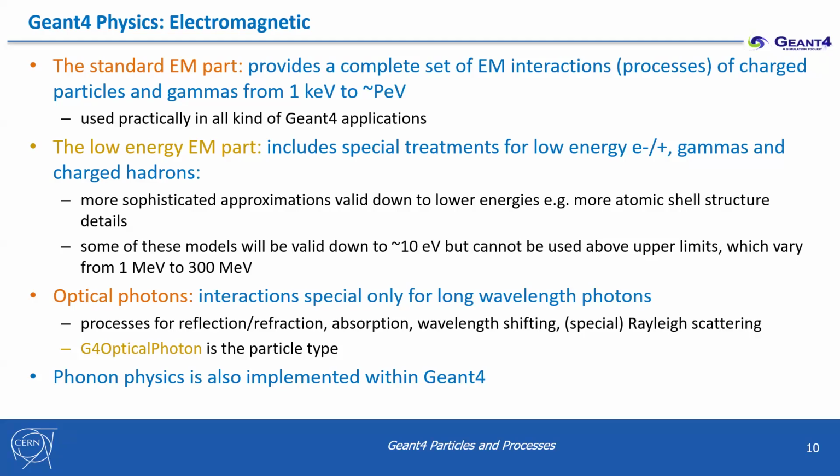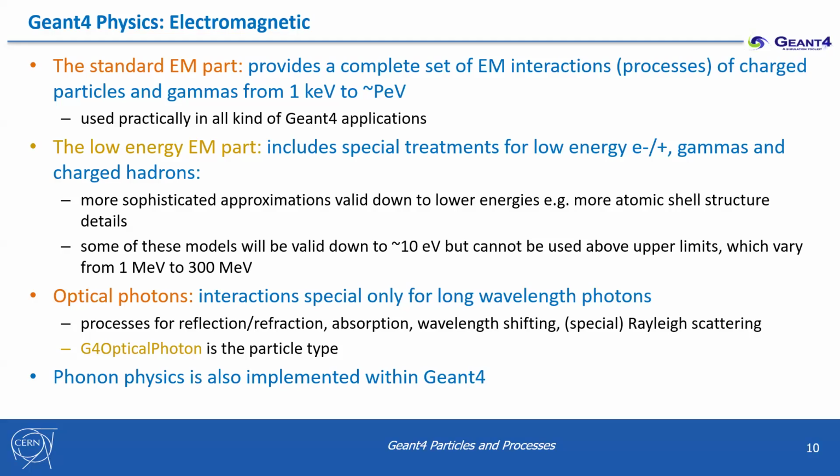It is a complete set of electromagnetic interactions, meaning process classes for charged particles and gammas, which are applicable roughly from 1 keV to a few PeV. And of course, this physics should be used in each kind of G4 application.